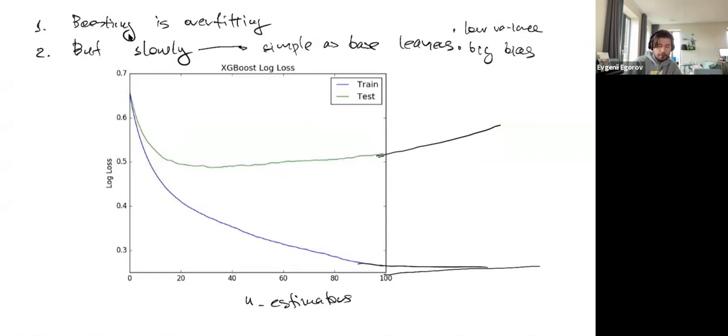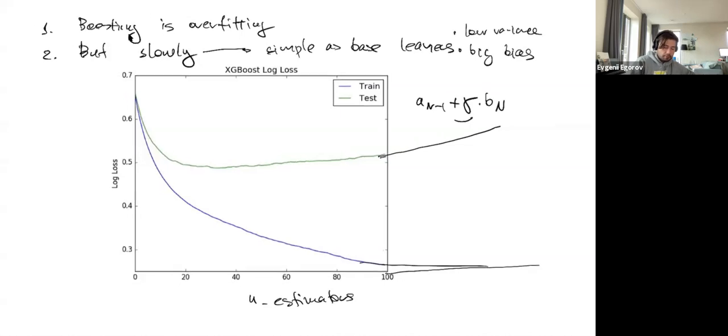And we'll later discuss hyperparameters such as step size, but basically it's the weight with which you add a new model here. If you give it a very high value, of course variance will be increased and you will overfit much faster.